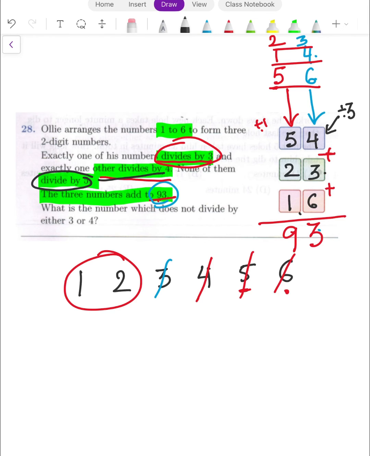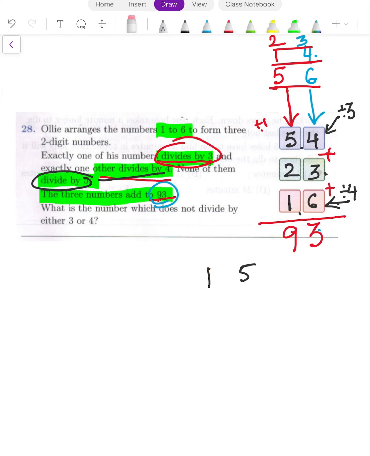Now, according to the clue, exactly one number should be divisible by 4. We can see 16 is divisible by 4, and 23 is not divisible by 4. 54 is not divisible by 4. So this arrangement fulfills all our conditions. 54, 23, and 16 add up to give 93.